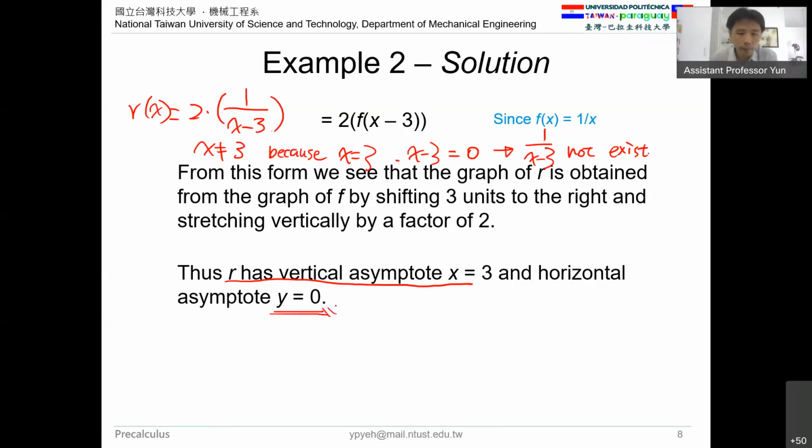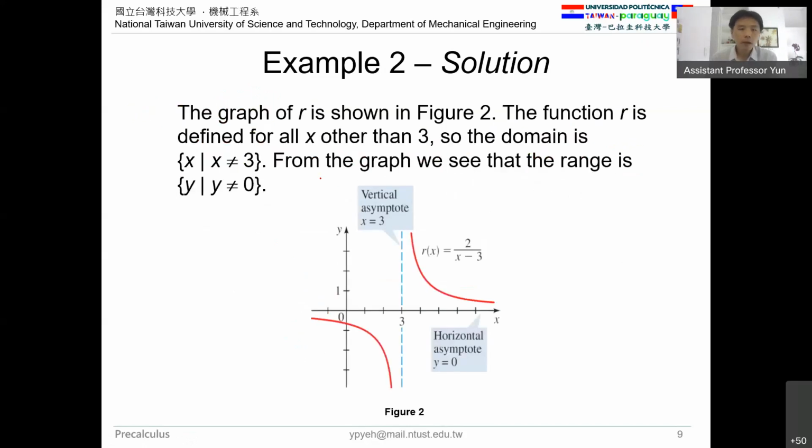Okay. Simply, we know that there is no variable in the numerator, so the horizontal asymptote will be y equal to 0. Okay, and this is the graph of these functions.